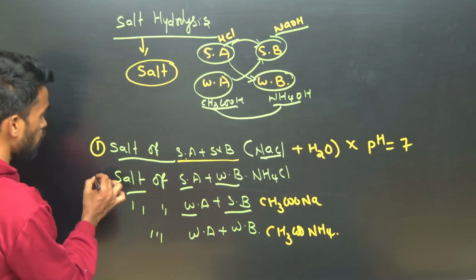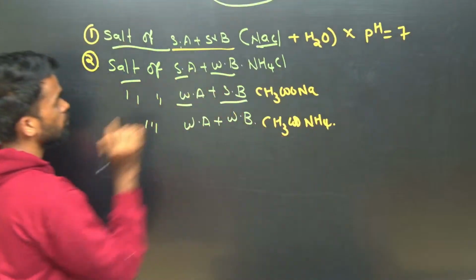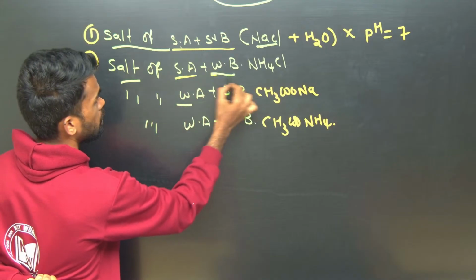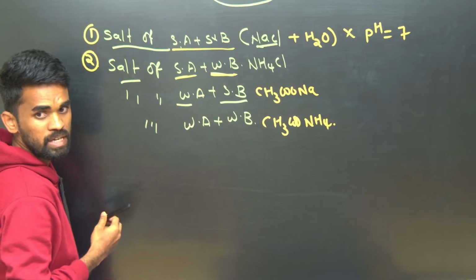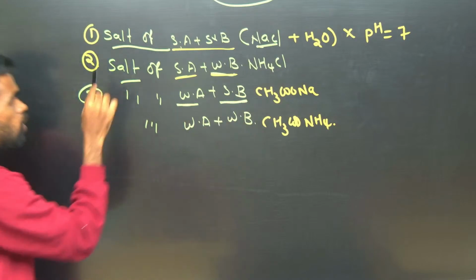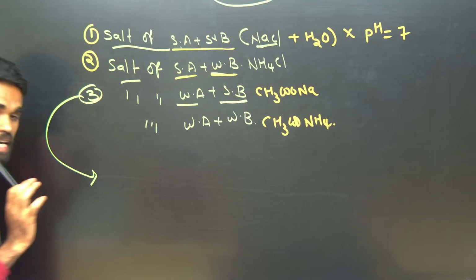Next, combination of salt of weak base and strong acid, the weak acid and weak base, and third one, weak acid and strong base. Out of these combinations, I am taking this particular example for clear cut discussion.